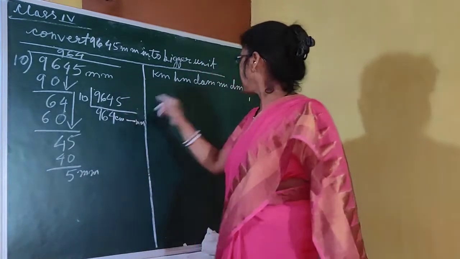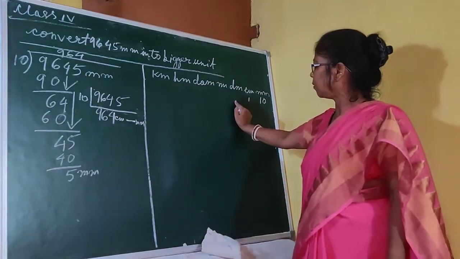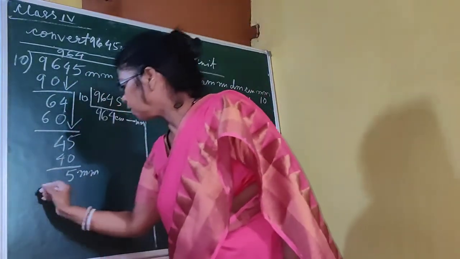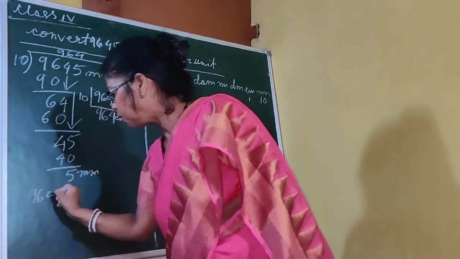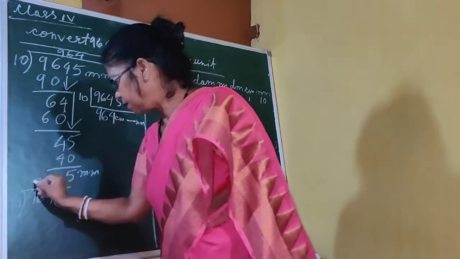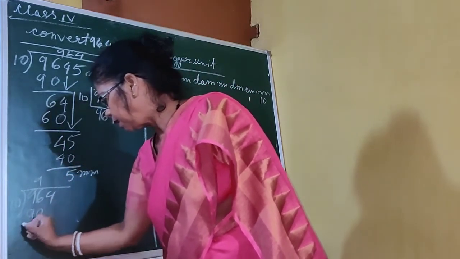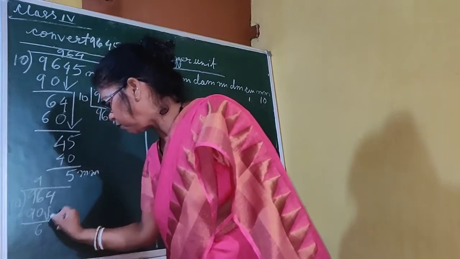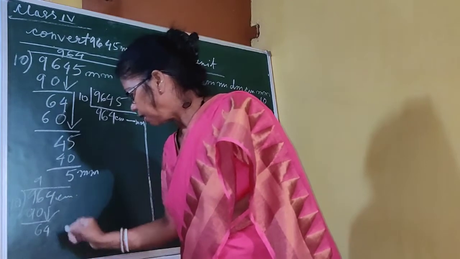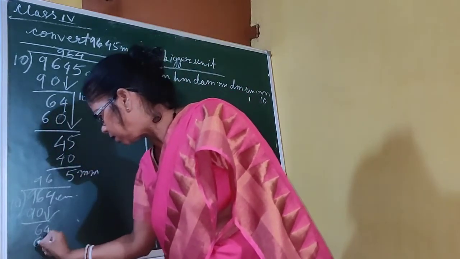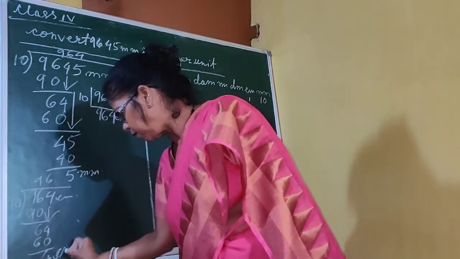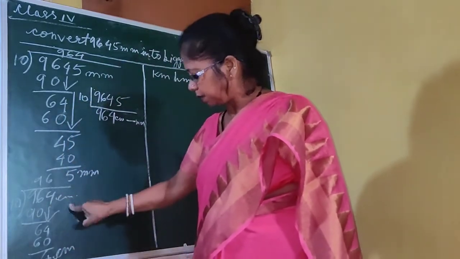Then again, to go from centimeter to decimeter you have to divide. So here 964 divided by 10 again. 10 nines are 90, remainder 6, bring down 4. 10 sixes are 60, then the remainder is 4. The remainder is always in centimeter.